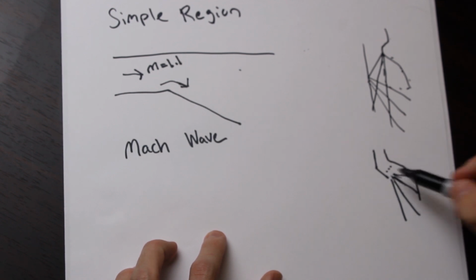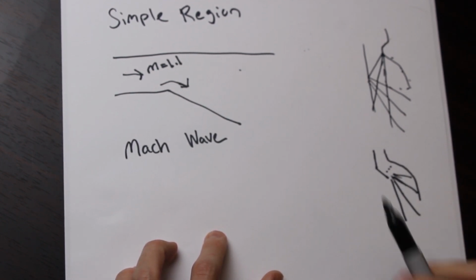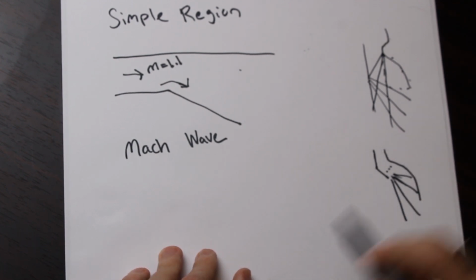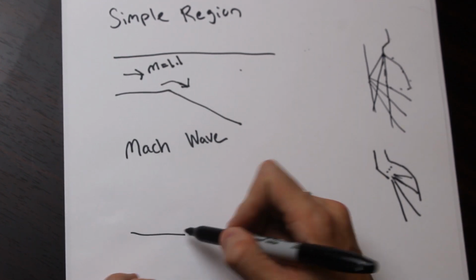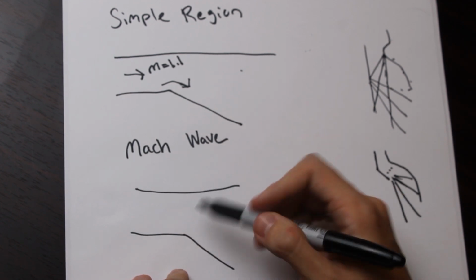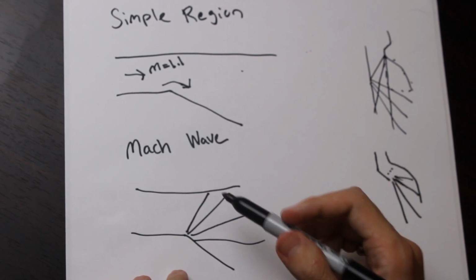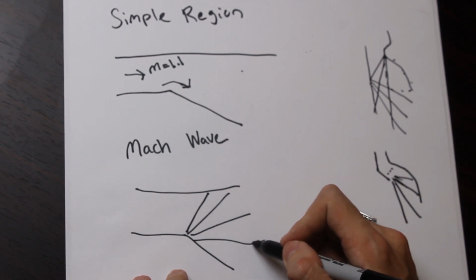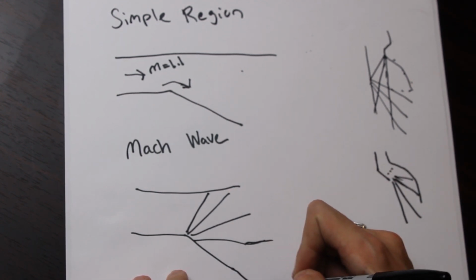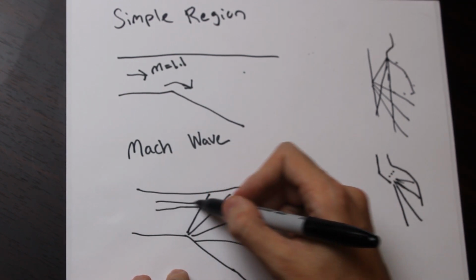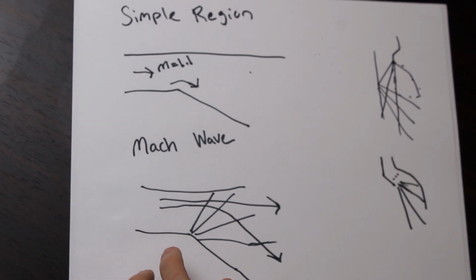So we call this kind of set of lines an expansion fan, and it is the set of Mach waves, or characteristic lines, that describe how the flow turns. So if we just draw out what the expansion fan is here, that's what the expansion fan looks like, kind of as the flow turns to fill out this new region.